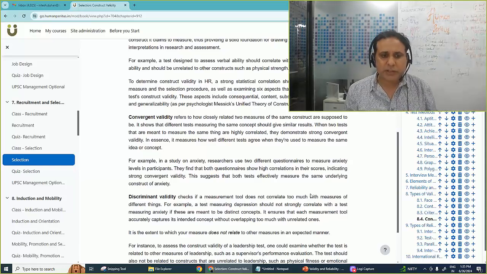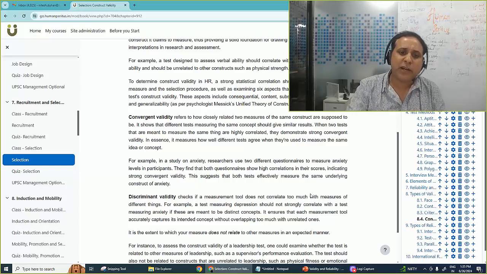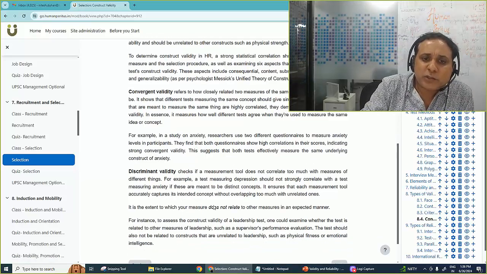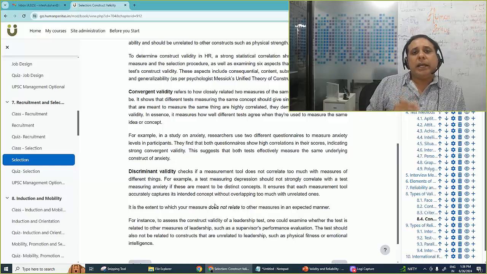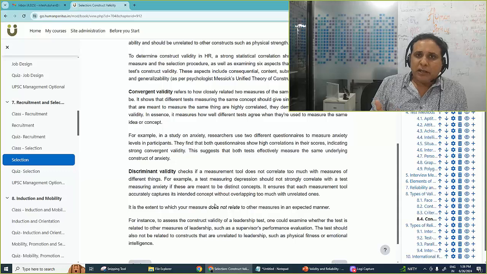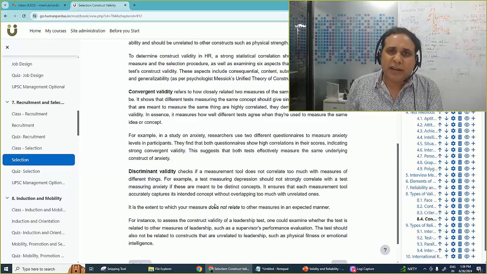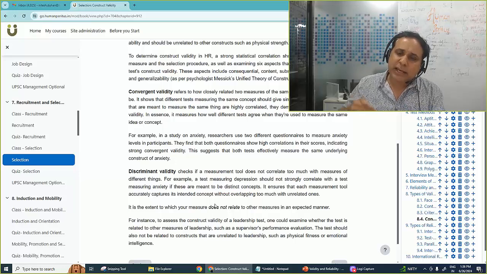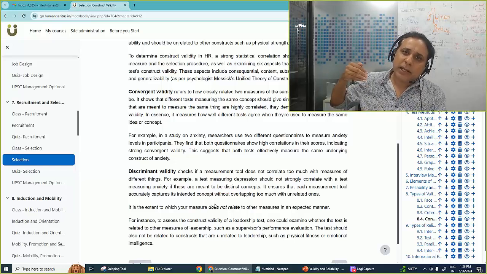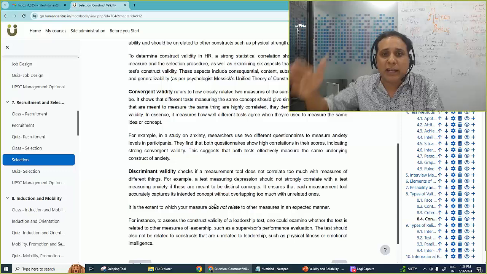So guys, let me first explain the easier one, discriminant validity. So discriminant validity says what? For example, I have a test which is capturing capability in physics. Now, if this test is not capturing anything else, so if it's a test of physics, then it should capture the capability in physics only and not in chemistry.